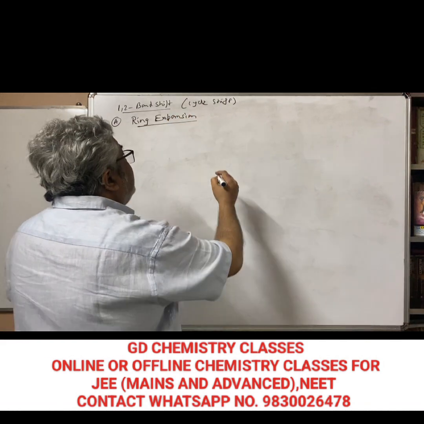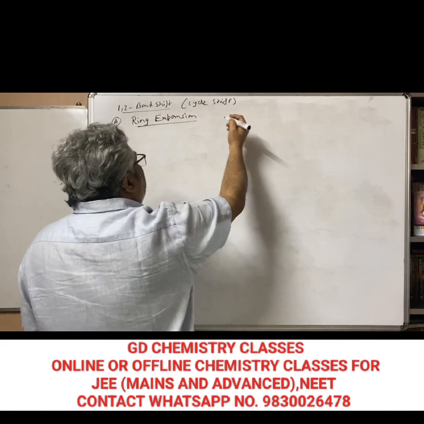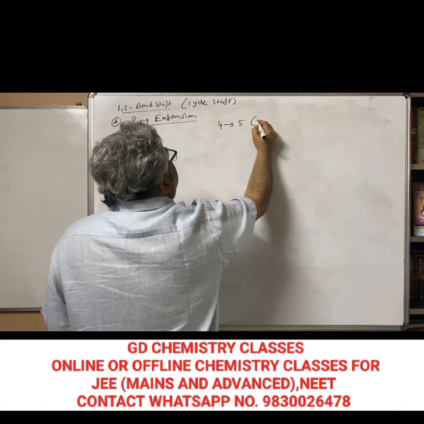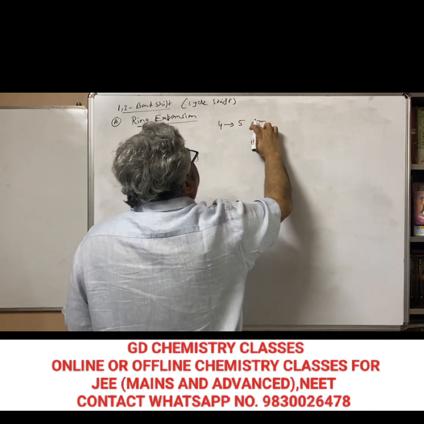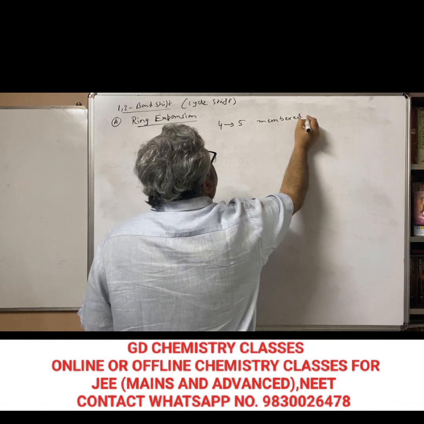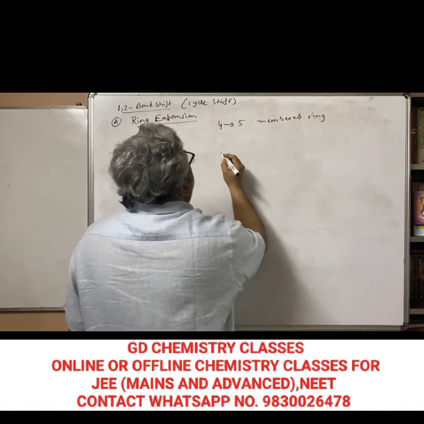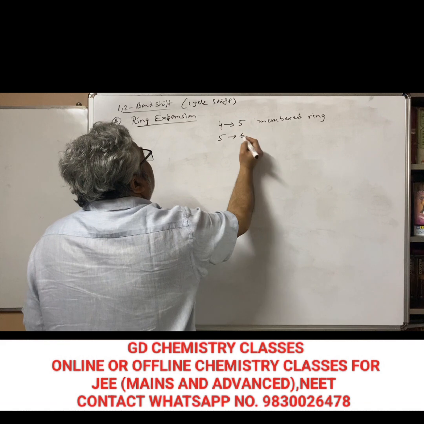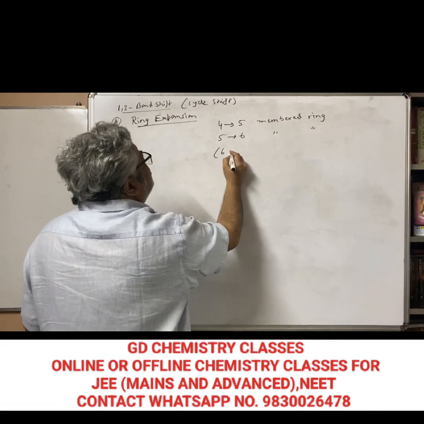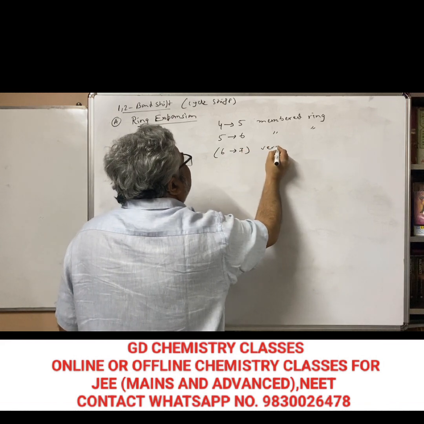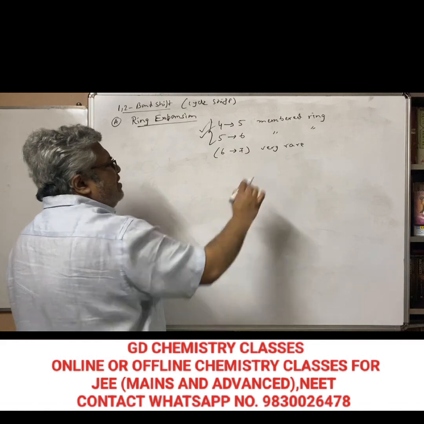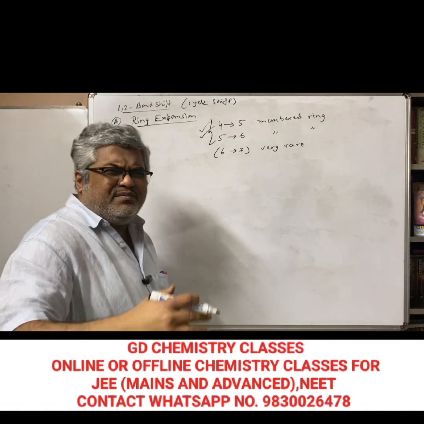Ring expansion mainly of 2 types you come across: 4 member to 5 member ring, 5 to 6 member ring. 6 to 7 member ring is very rare, but mainly these. At your level, you may just neglect this thing.